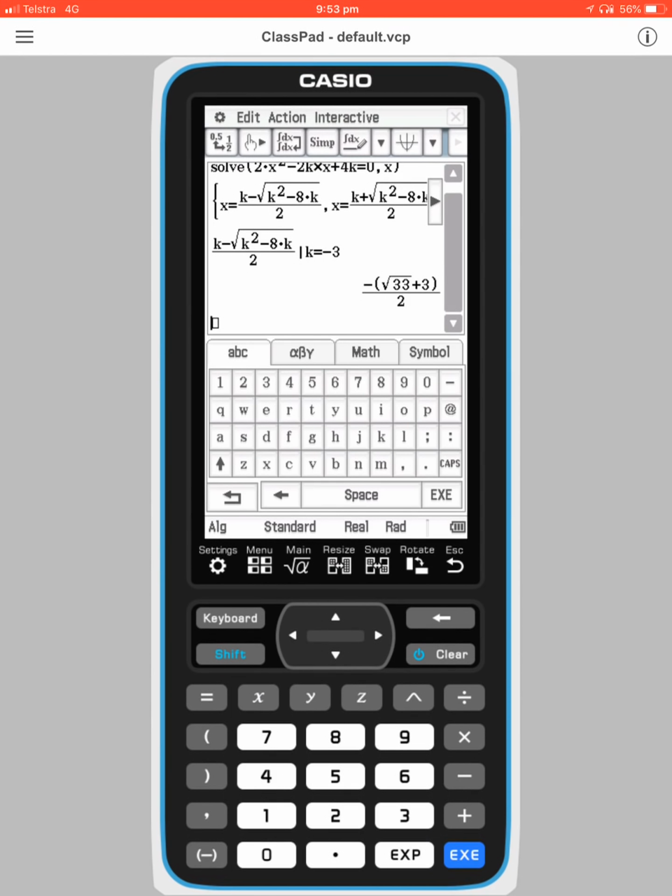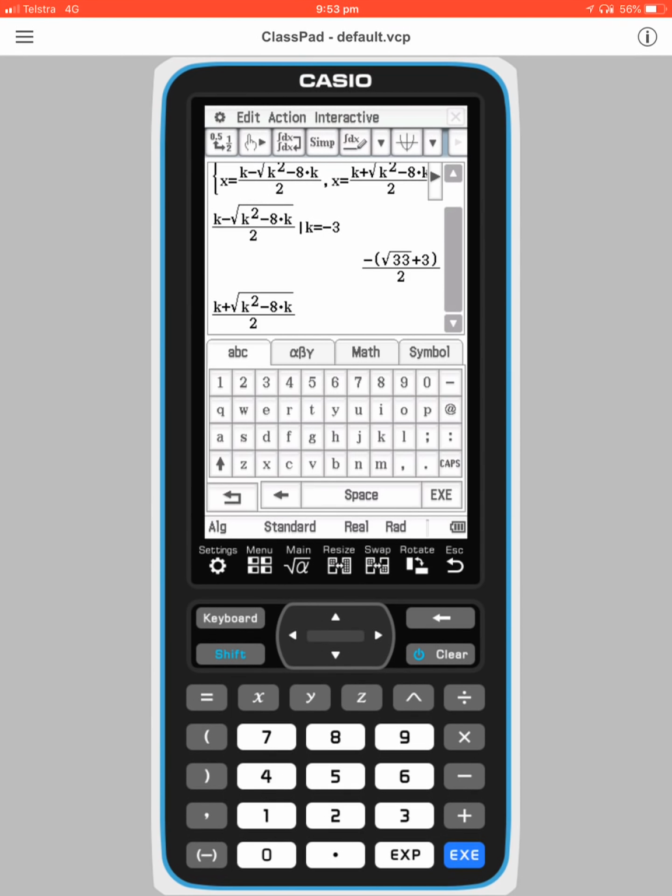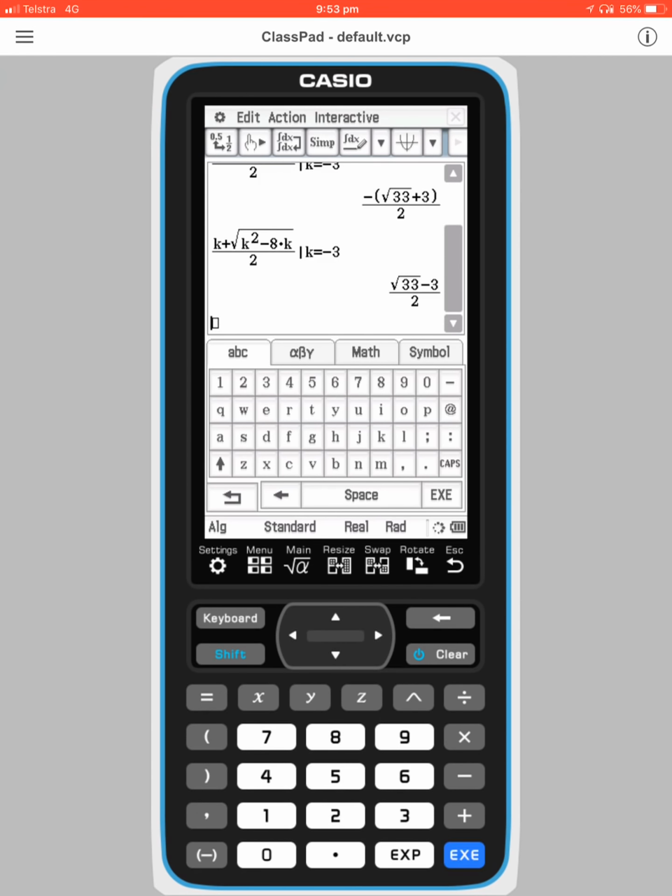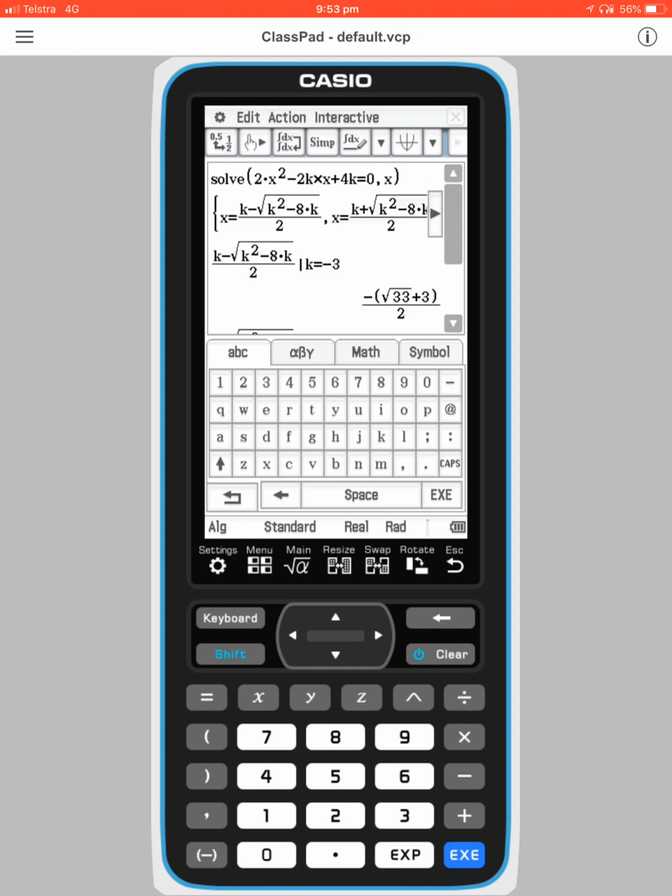So there's one solution. And then we can use the other one and do the same thing. So grab that, put it down there, and there's our other solution. So we've got two solutions, which are exactly the same as the ones that we had before.